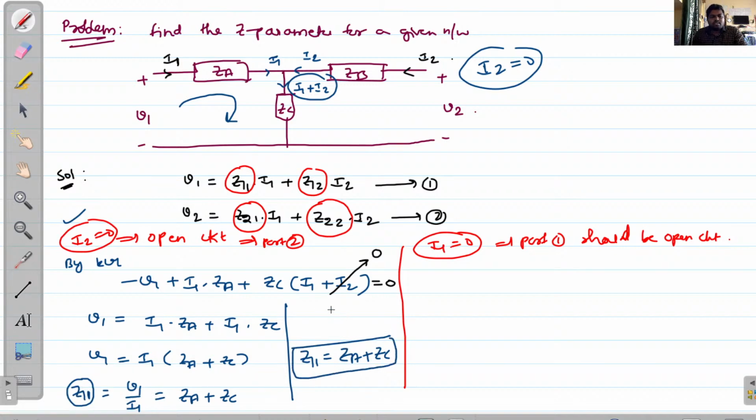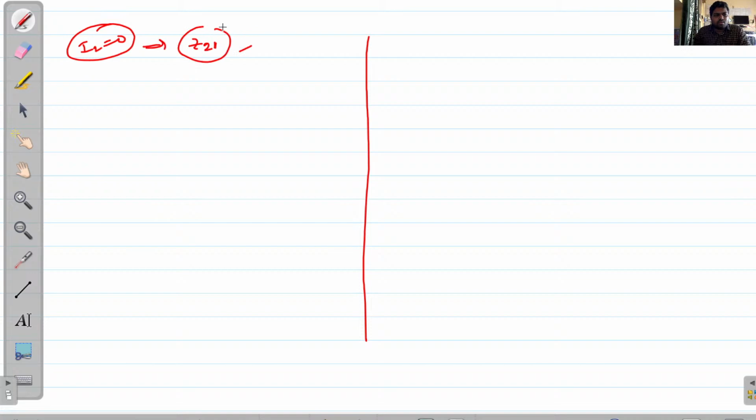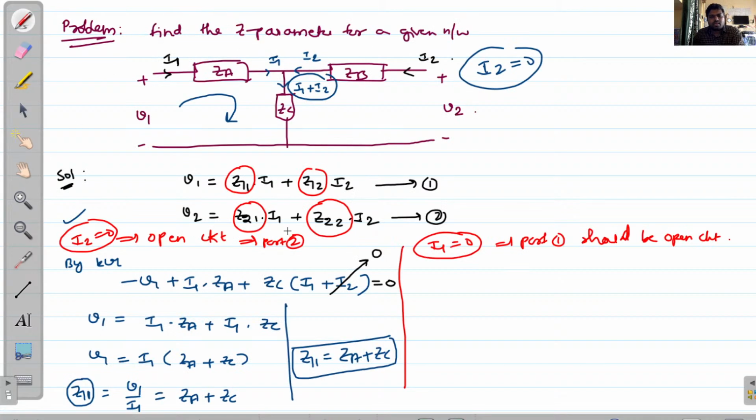In a similar way you can calculate. This is the I2 equals 0 condition, so you can evaluate Z21 also, right? By making I2 equal to 0, you can evaluate Z21 also. Now in the previous case, I applied KVL in the loop at port 1.